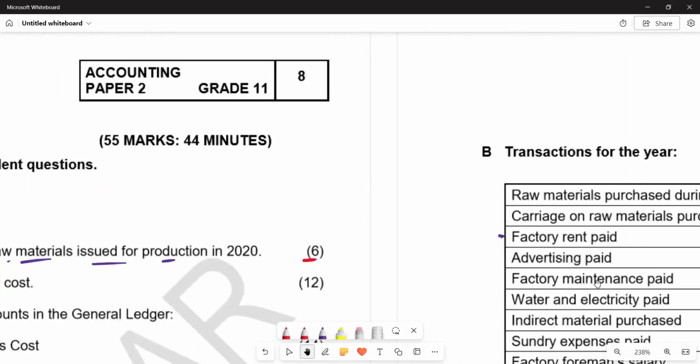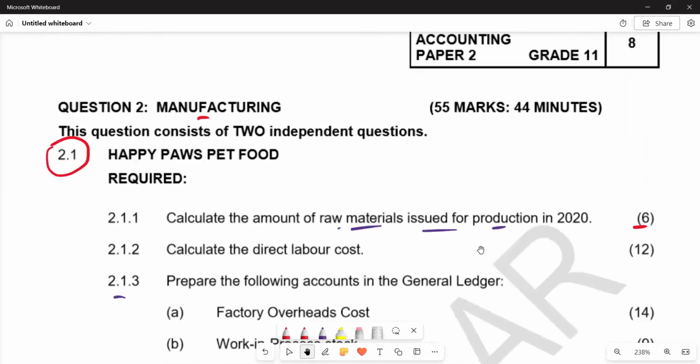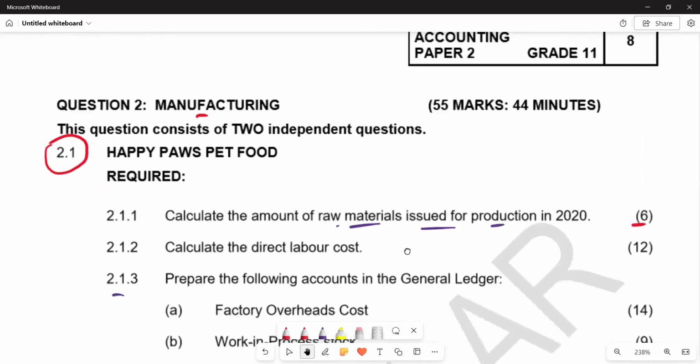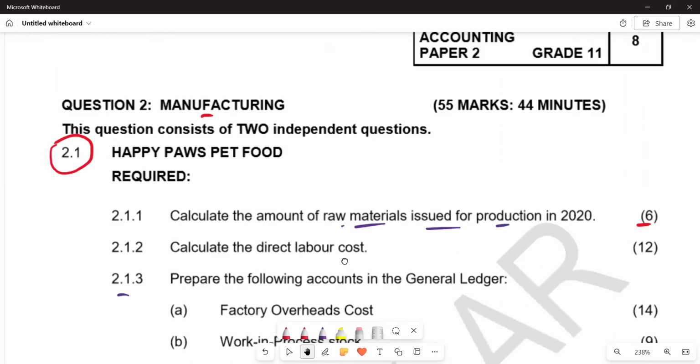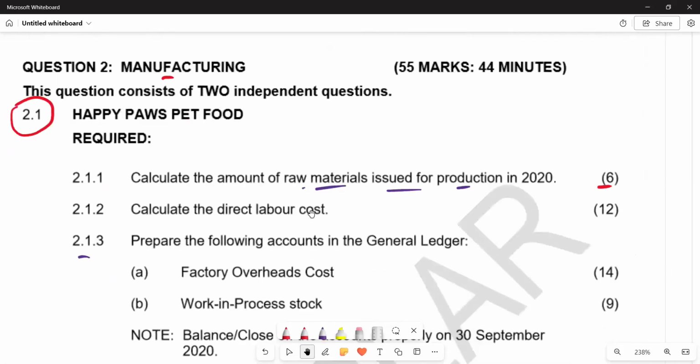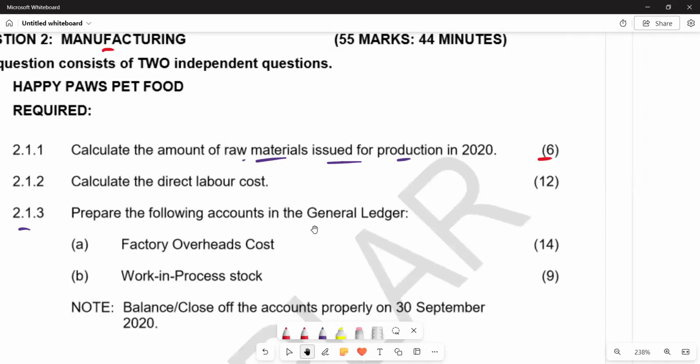Let's identify where our year is ending. If you come here, you can see the date: 30 September 2020.